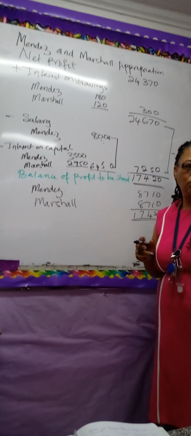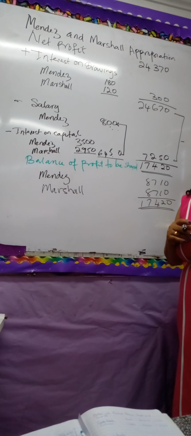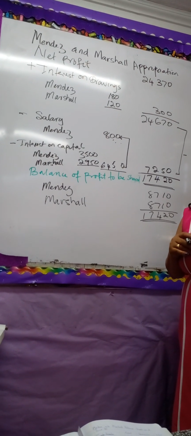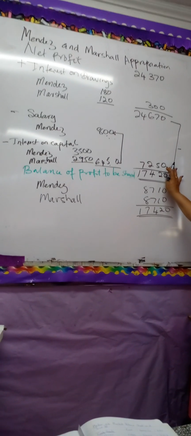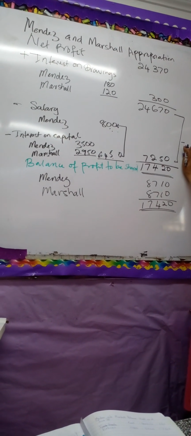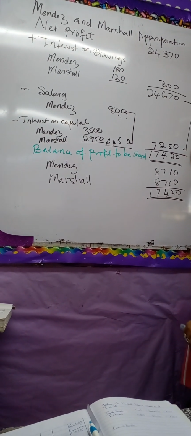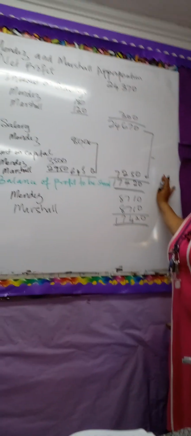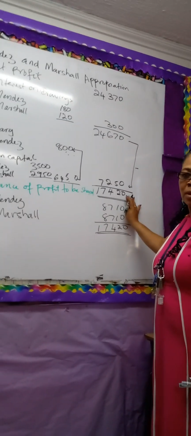Add that together. 7,250. See it over here. 7,250. So I'm going to make one subtraction. That is why I put the subtraction sign here to tell you that I am subtracting this from this. Okay? And I get the answer right here.